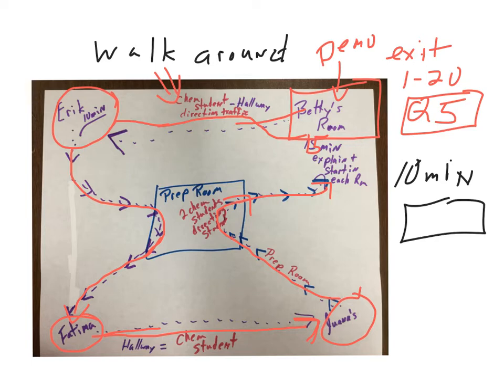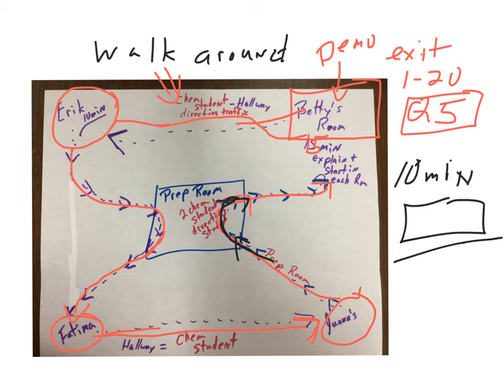Some kids may linger for maybe 30 seconds or so just to finish whatever they're doing. That's normal. But if they try to linger somewhere here, the chemistry club kids are set up to make sure that they don't go anywhere in the prep room or out into the hallway. If you have any questions, please let me know. And have fun with it.